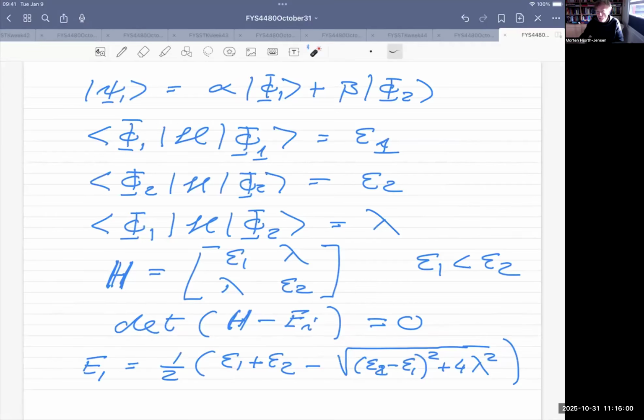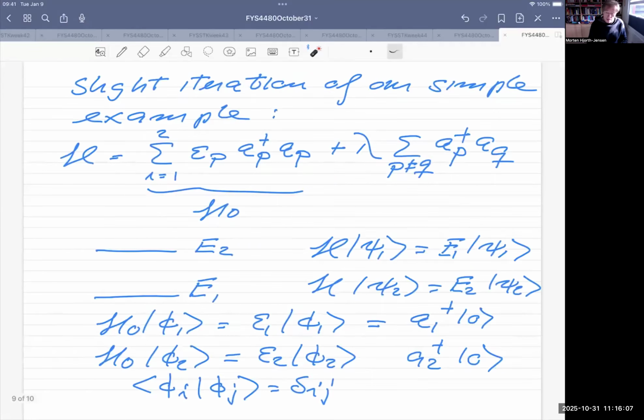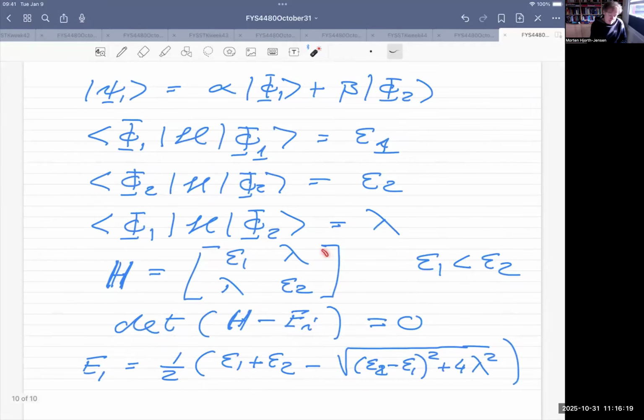In the earlier example, what we had was a slightly more modified interaction term, because then we summed freely over P and Q. Now we made a restriction that P cannot be equal to Q, and that gave us an even simpler Hamiltonian matrix, which we diagonalized.